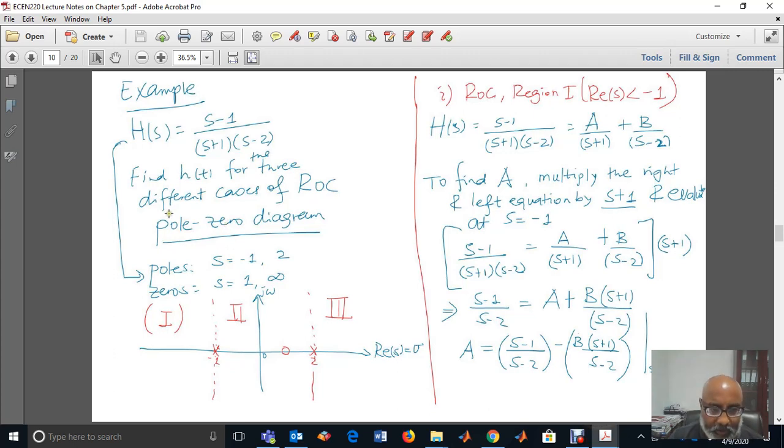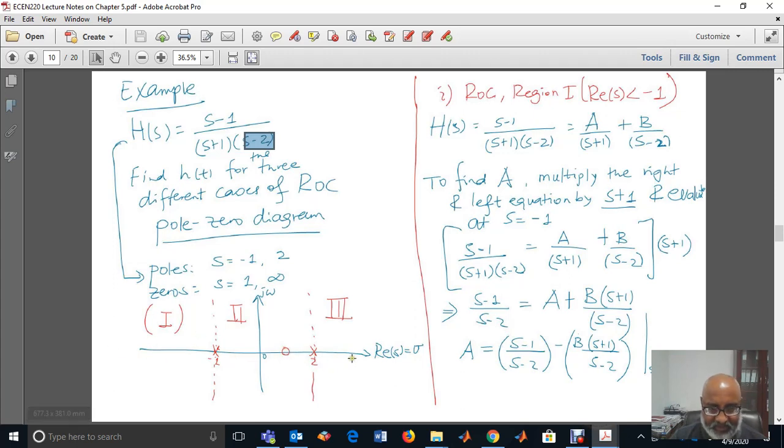Now, here, what are the poles? The poles are s equal to minus 1 and s equal to 2. What about the zeros? s equal to 1 and another zero at s equal to infinity. So this is the pole-zero diagram plot. I have a pole at minus 1 here and at 2 here and a zero here at 1.